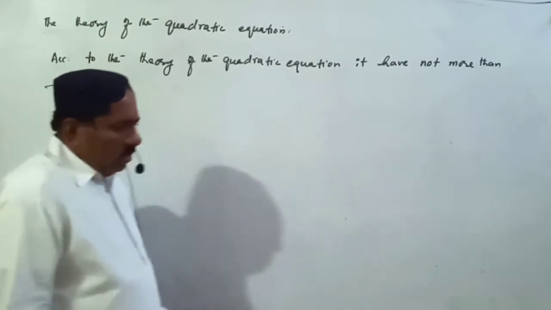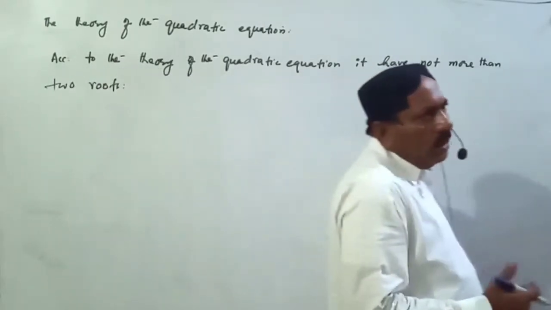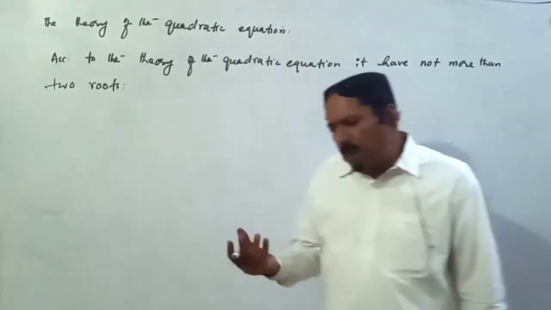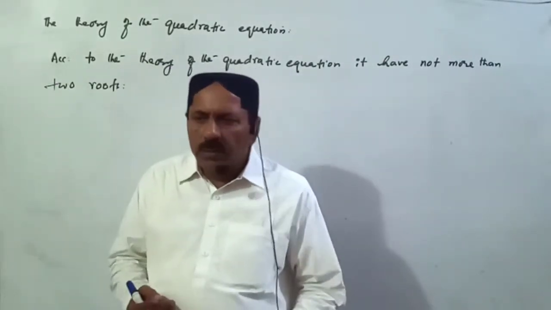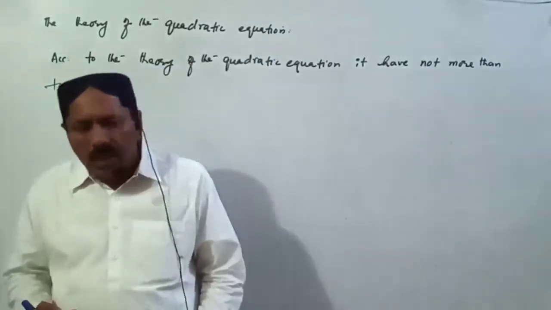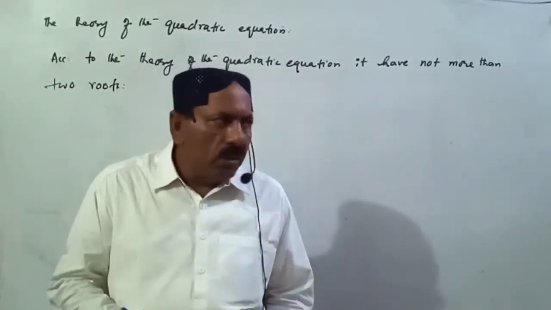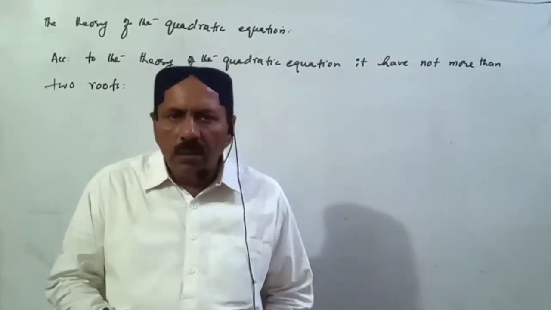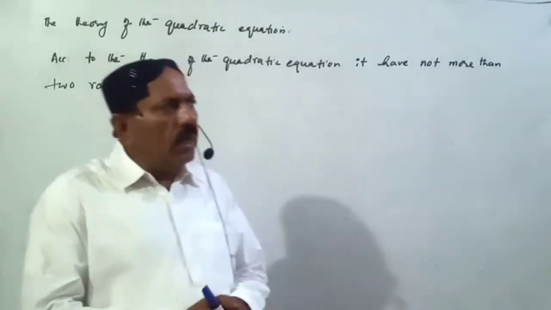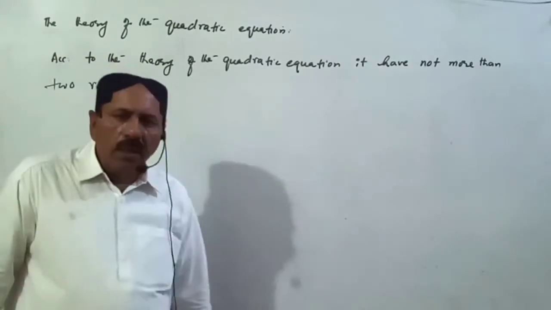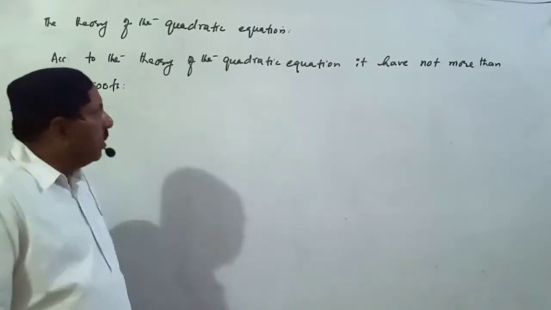So there should be the nature of the roots. Sometimes we have both roots rational, one rational, one irrational, both roots complex, both roots real, both roots equal. So it will be clear from the discriminant formula.